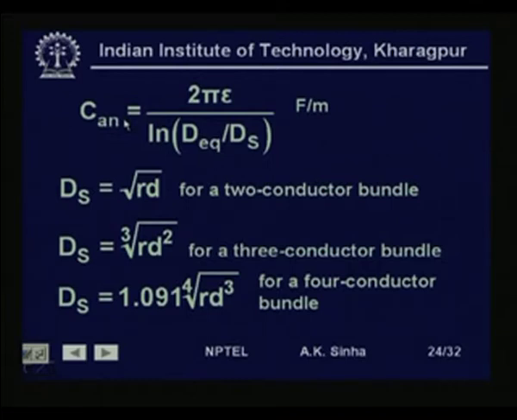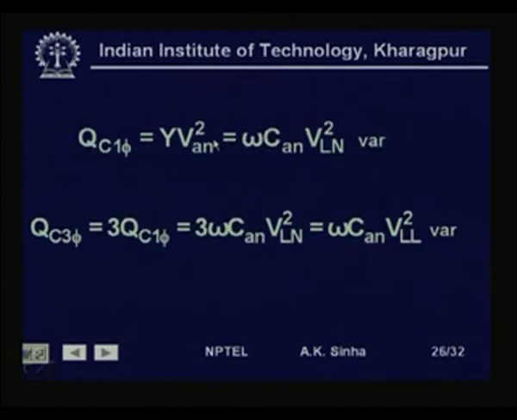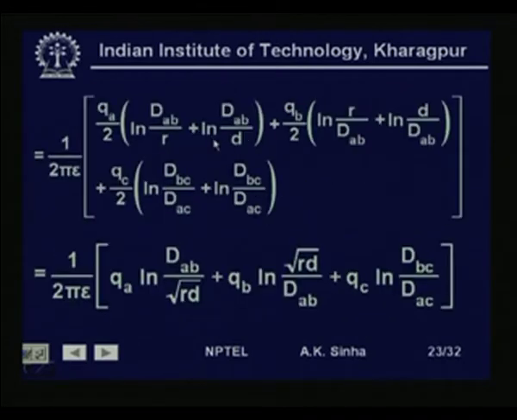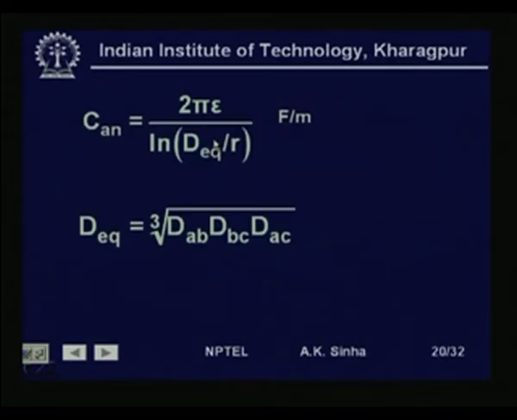Capacitance to neutral can be written as twice pi epsilon by log n dEq by ds, where we have already defined dEq as cube root of dAB into dBC into dAC.